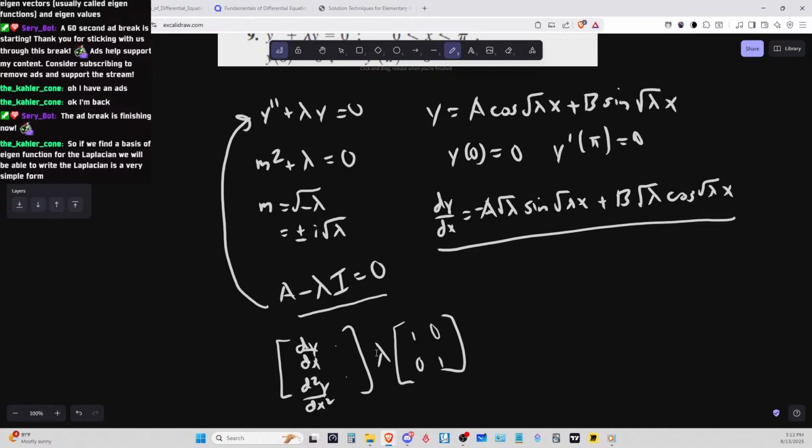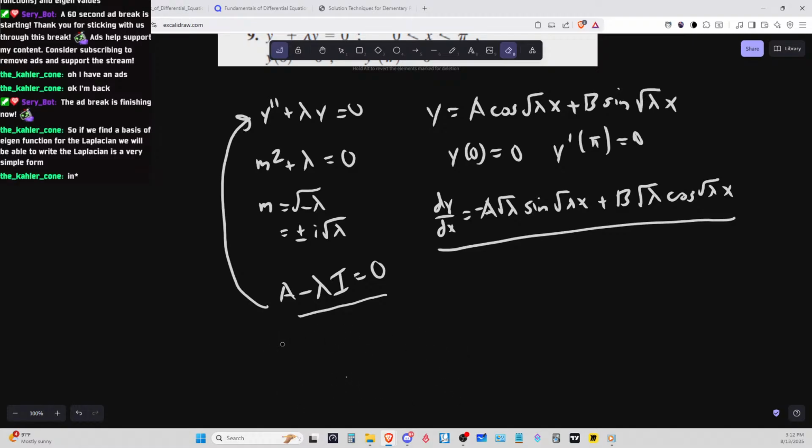So if we find the basis function for the Laplacian, you will be able to write the Laplacian in a very simple form. Laplacian, huh? So it's the second derivative.